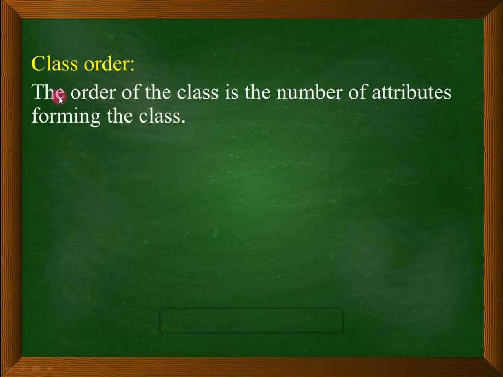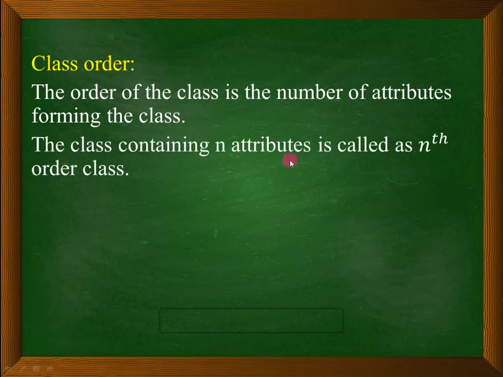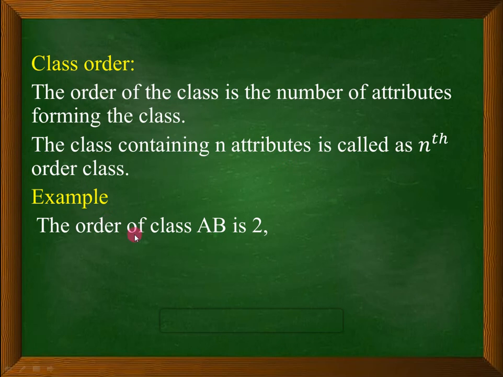Class order. What is class order? The order of the class is the number of attributes forming the class. The class containing n attributes is called as nth order class. For example, the order of class AB is 2. Here, this class is formed by 2 attributes. So, therefore, its order is 2.